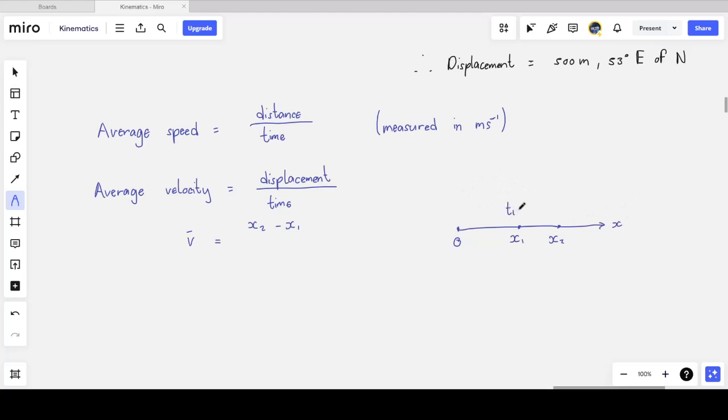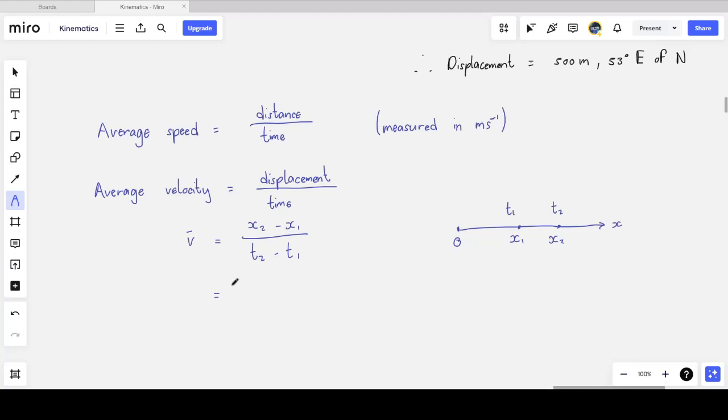And after time t1, I reached x1, and after time t2, I reached x2. So my average velocity is my change in position, the displacement that I've covered, divided by the change in time, t2 minus t1. And so that is how we define velocity.